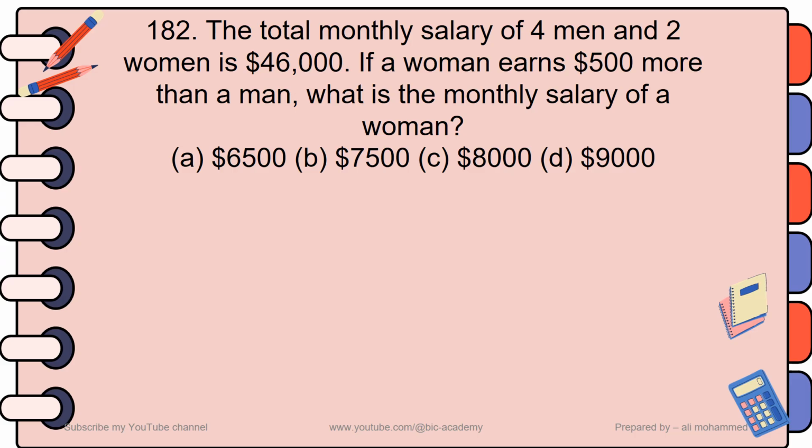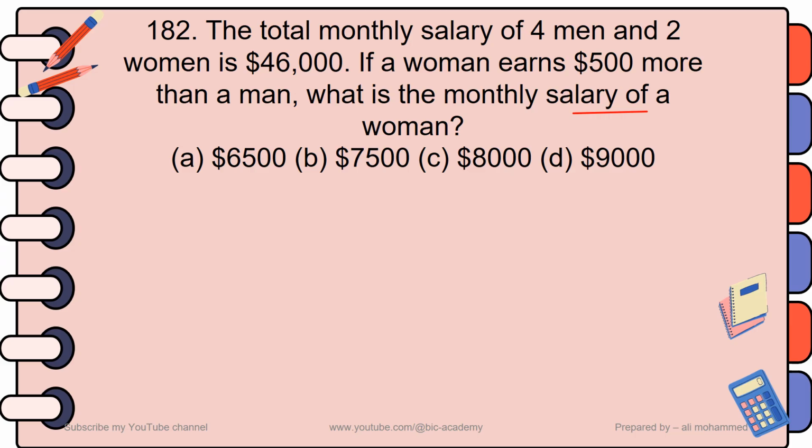A: $6,500, B: $7,500, C: $8,000, D: $9,000. Now you are given the information as such on the question, and depending on the information you are required to find out the monthly salary of a woman.